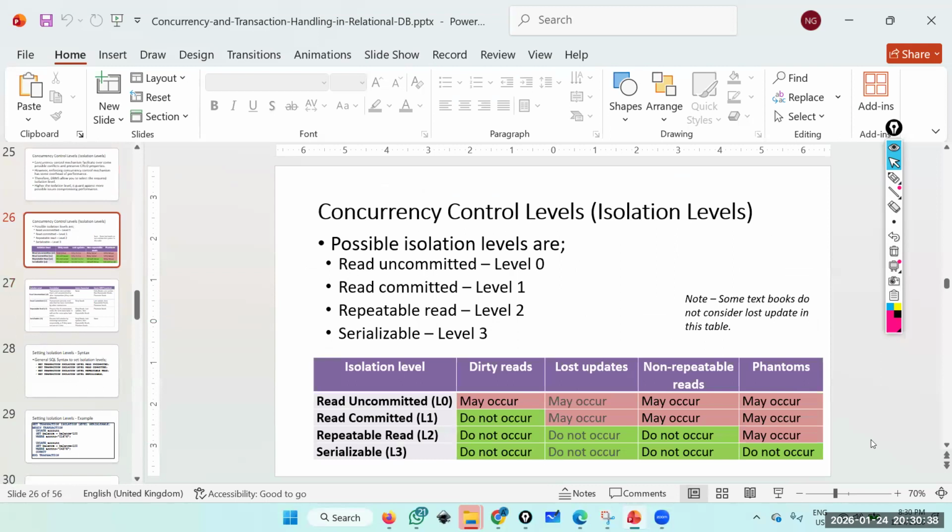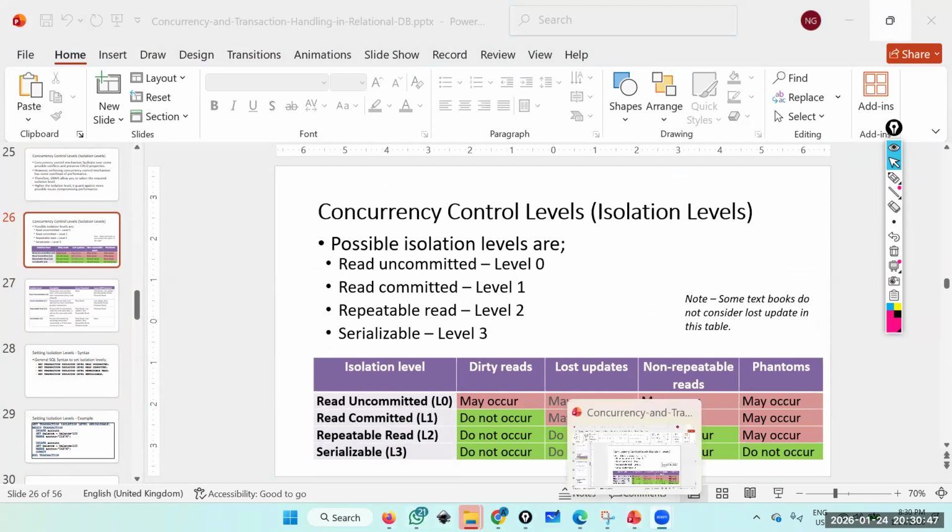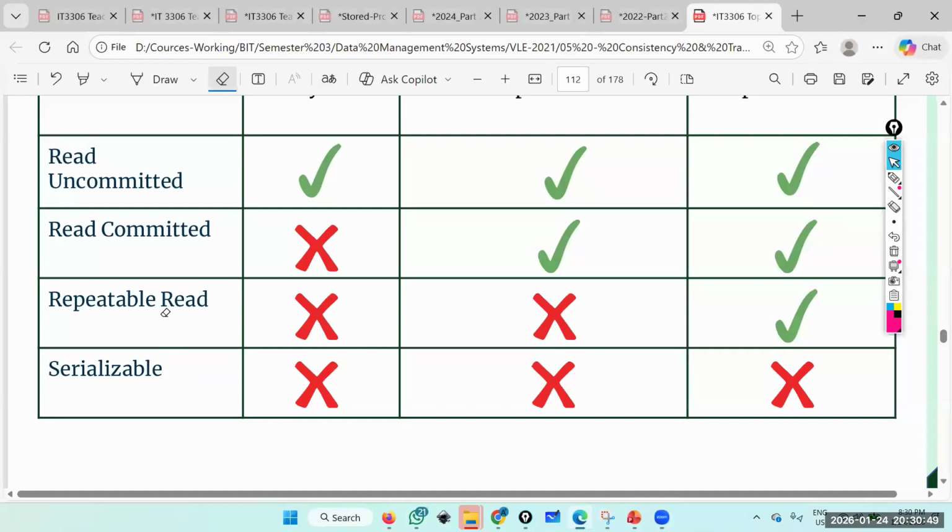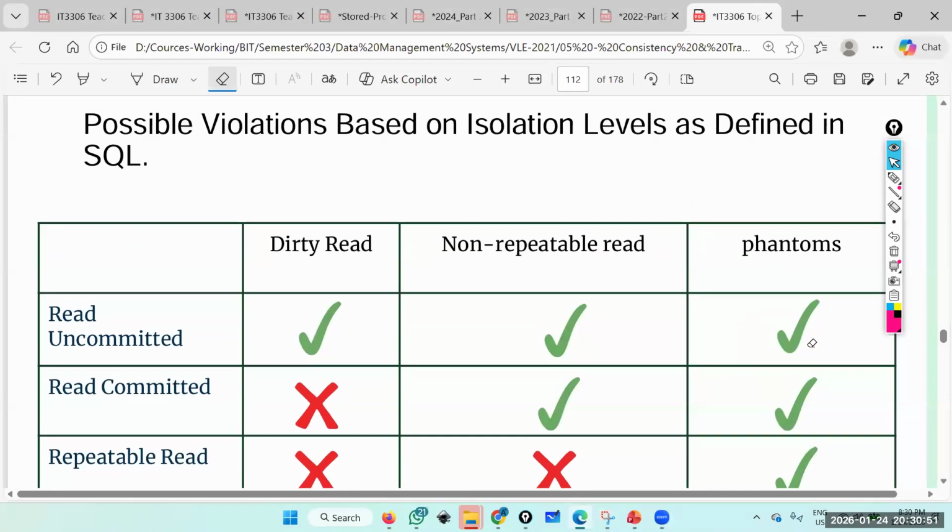Is it the same? Of course, serializable, none of the issues happens. Repeatable read, phantom can happen.